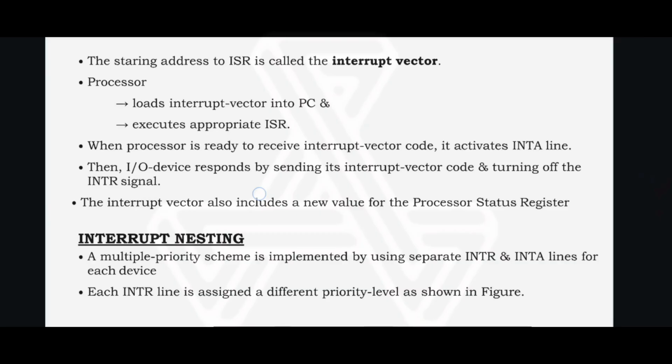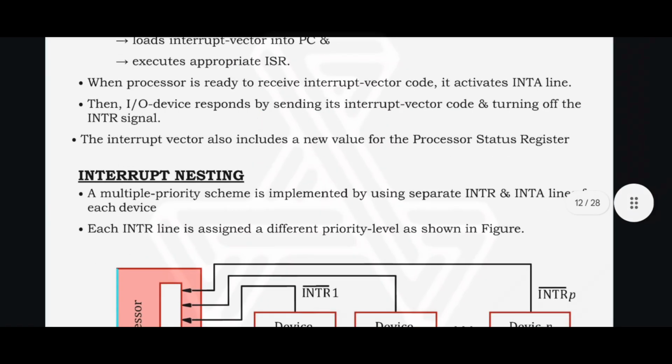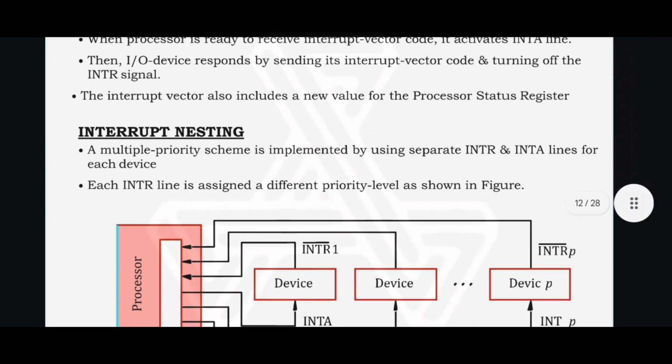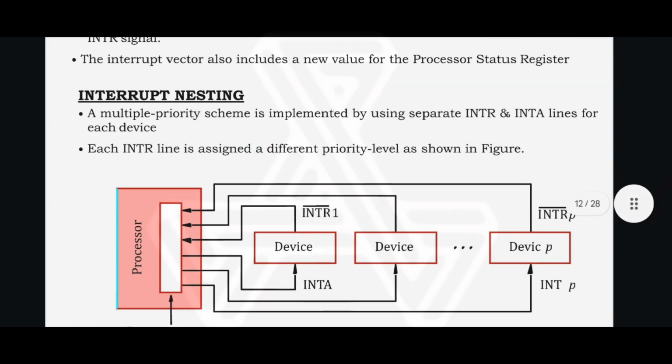Interrupt nesting. A multiple priority scheme is implemented by using separate INTR and INTA lines for each device. Each INTR line is assigned a different priority level, as shown in the figure.